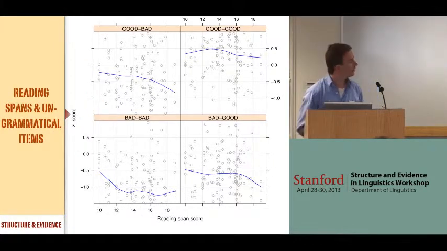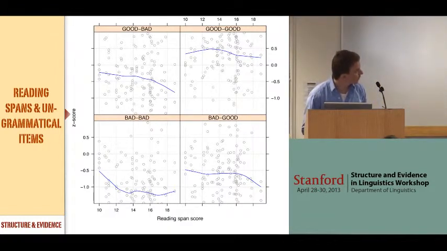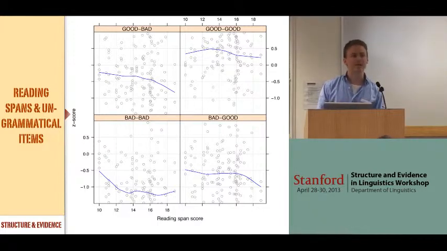And here we find something completely opposite of what we found for the island examples, but consistent with what I just told you about: for the examples that have any errors in them, this one, and this one, the trend is negative, and it's basically flat for the case where there are no errors. So this is realized in the model as a significant negative linear effect of reading span score on acceptability judgments.